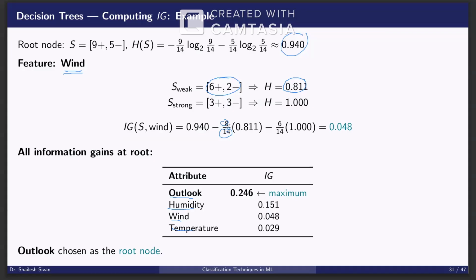The number of weak events is 8 out of 14, times the entropy of weak, 0.811, plus the number of strong divided by 14 times the entropy of strong. So what do we get? 0.048. Similarly, we will calculate it for outlook, humidity and temperature.